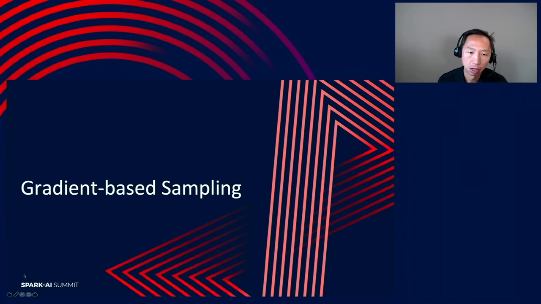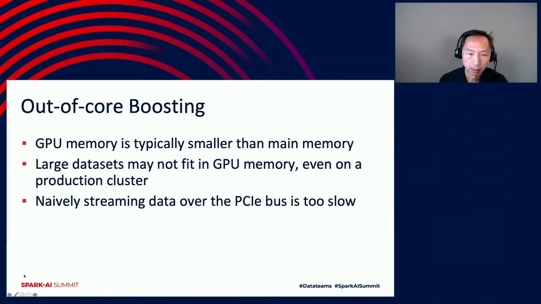Okay, so now I'm going to dive a little bit deeper into one of the two topics. The first one is gradient-based sampling. When you're training XGBoost models, or even for any machine learning problem, typically you want to fit your whole training data set into memory, right? But if you're doing this on the GPU, GPU memory is typically smaller than the main system memory.